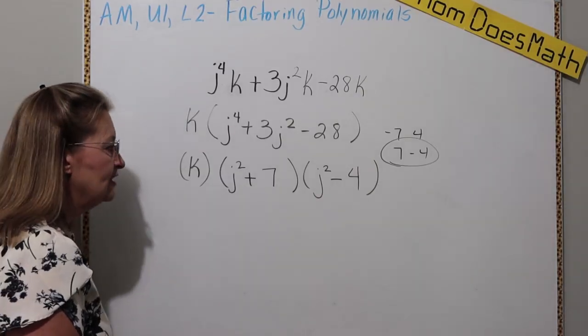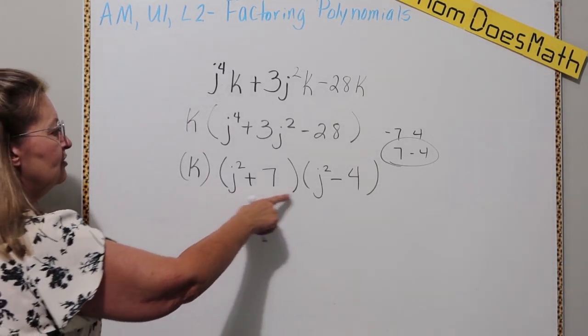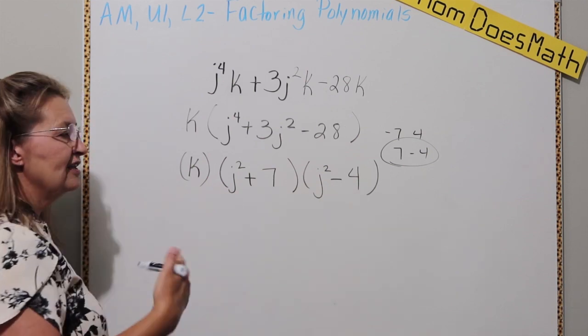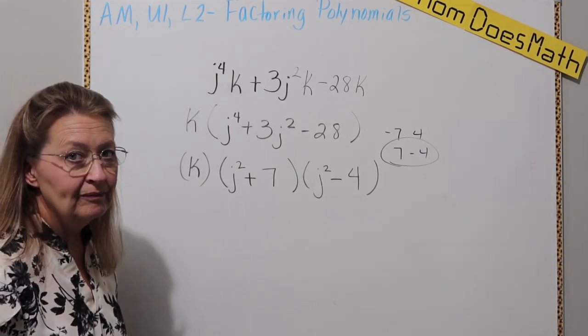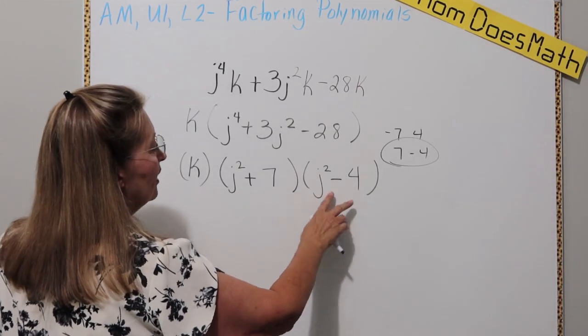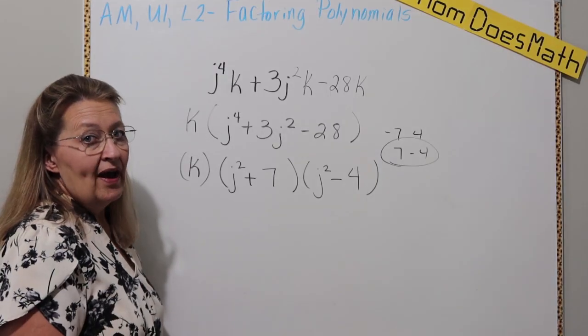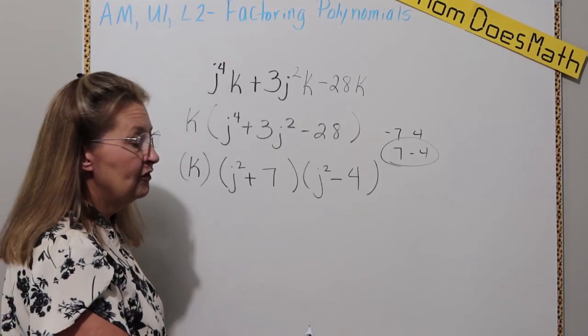Okay? Now that's factored, but hang on, because you always need to check your factors and see if you can factor any more. One of the most common ones is this situation right here. This is still a difference of 2 squares. So I can factor it even more.